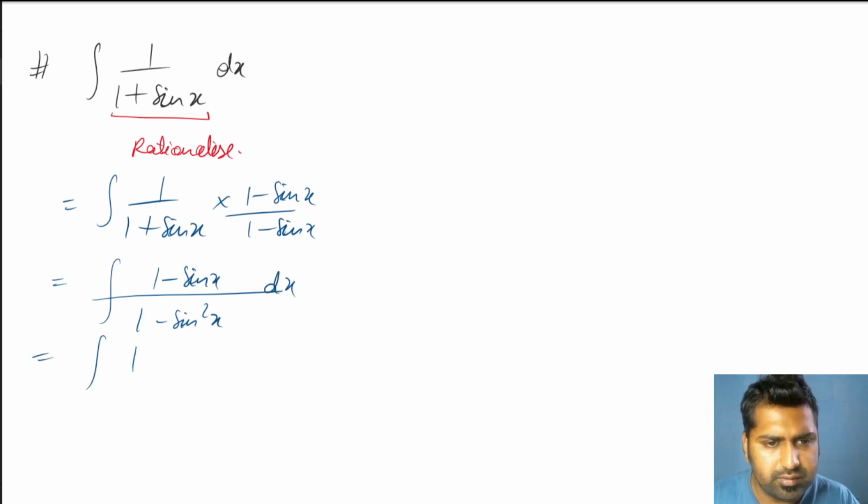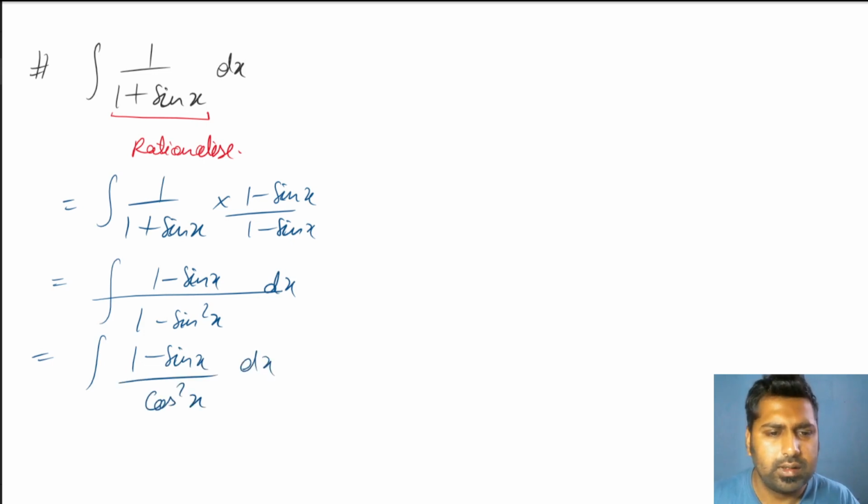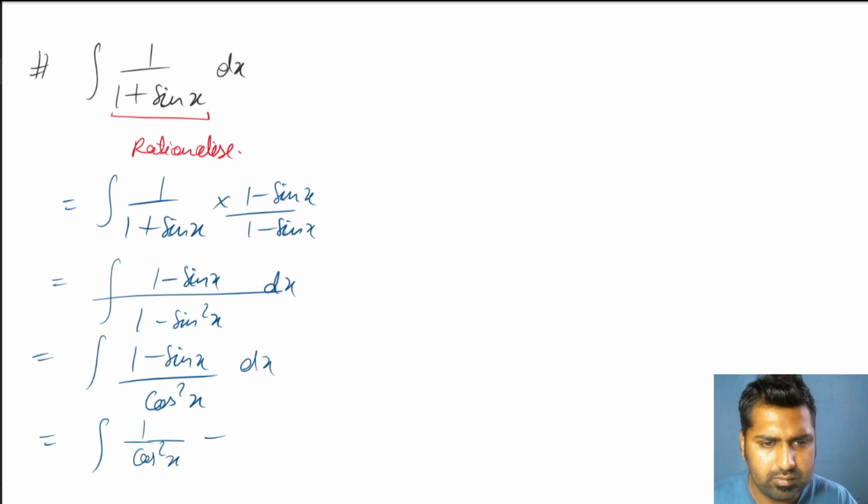So this integration becomes 1 minus sine x by cos square x, and it's a good thing because we can split the single denominator now. 1 upon cos square minus sine x by cos square. I can write cos x into cos x. Why? You'll see.